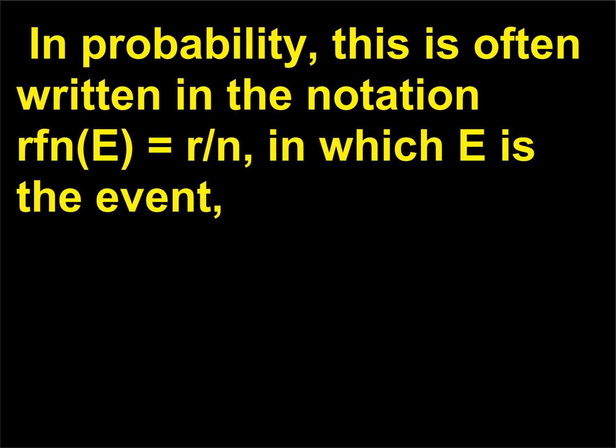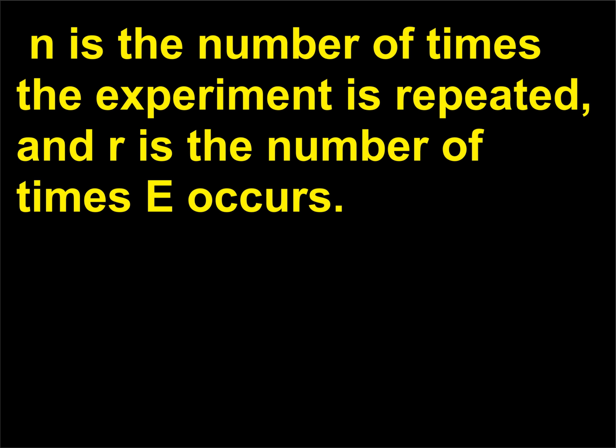In probability, this is often written in the notation RF_N(E) = R/N, in which E is the event, N is the number of times the experiment is repeated, and R is the number of times E occurs.